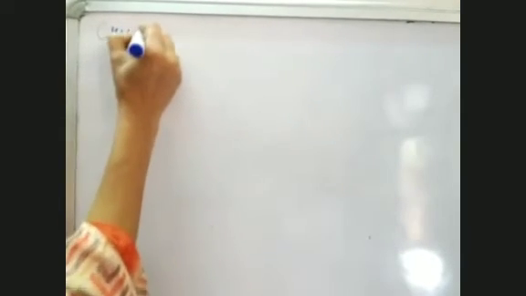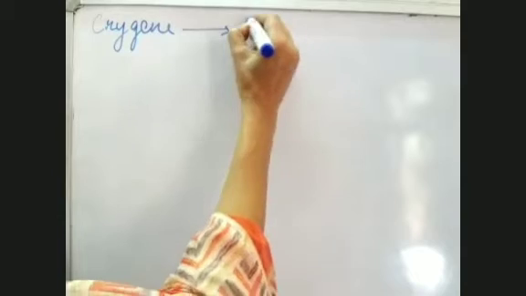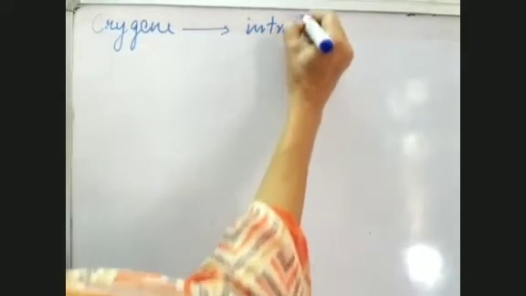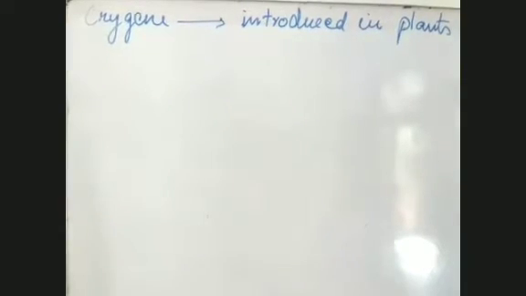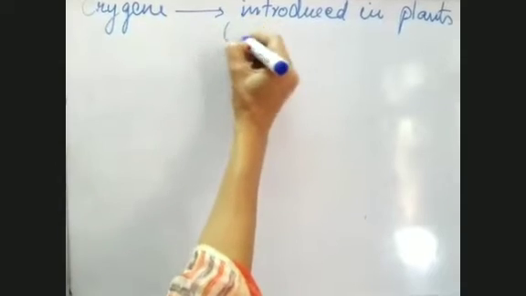These researchers took out the cry gene from Bacillus thuringiensis, and it was introduced in the plants. That means now we have got transgenic plants. These plants in which this cry gene is introduced are transgenic.